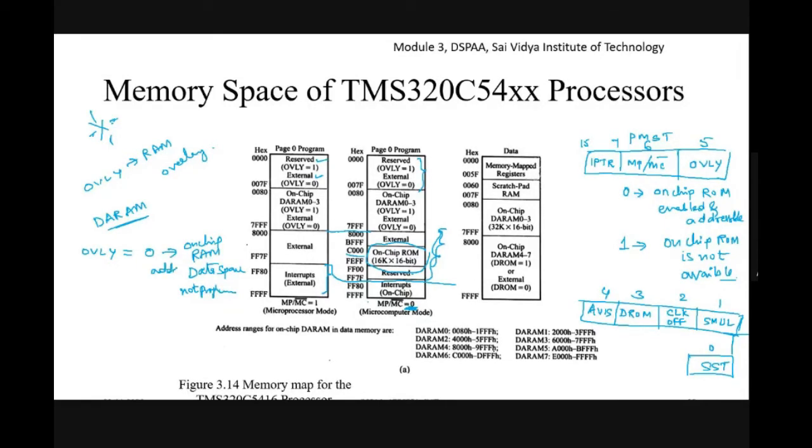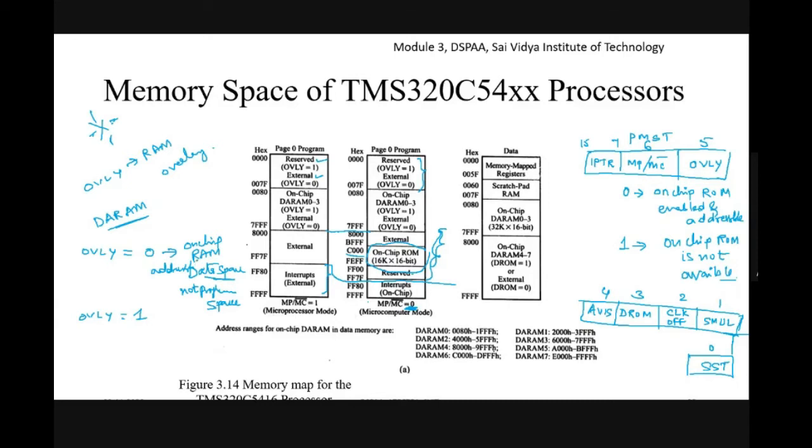So this is when the OVLY bit is equal to 0. When the OVLY bit is equal to 1, what is going to happen here is, OVLY bit equal to 1 means it is addressable in program space as well as in the data space.